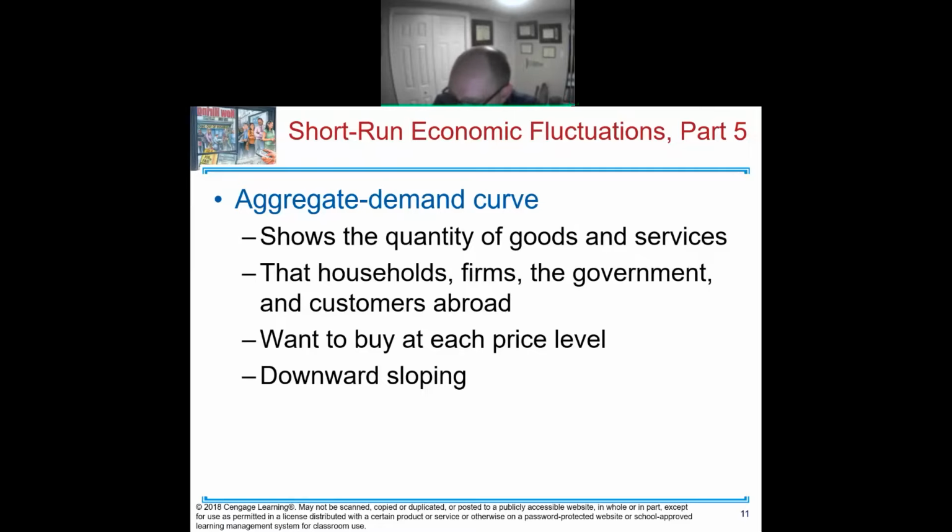Remember, demand is the people that are looking to buy goods and services at a particular price during a particular time. But it shows us the aggregate, the group of people together: households, firms, government, international customers. As you know already, the demand curve is downward sloping to the right.